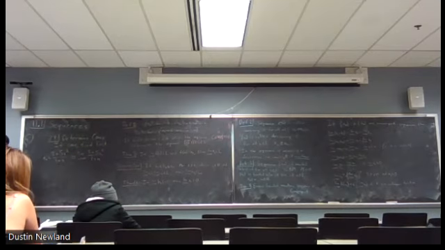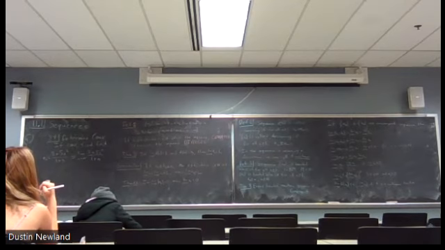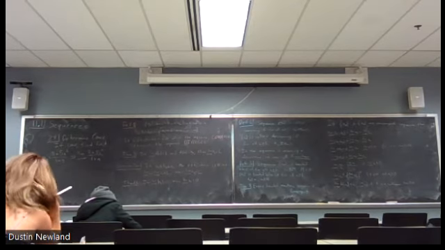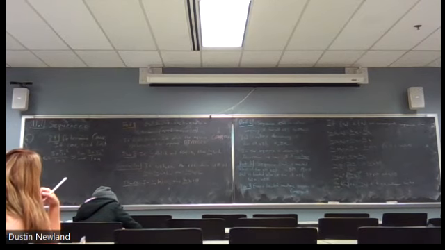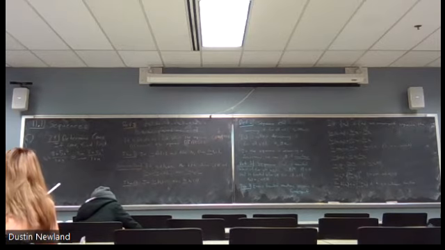So any guesses on what the limit of this thing is going to be? So we have (3 plus 5n squared) over (1 plus n). It's infinity. It's not going to be 2 in this case. It's going to be infinity.